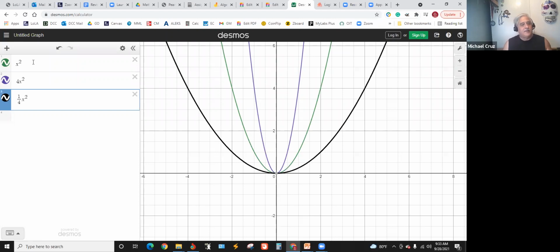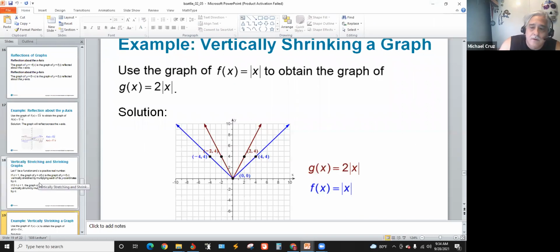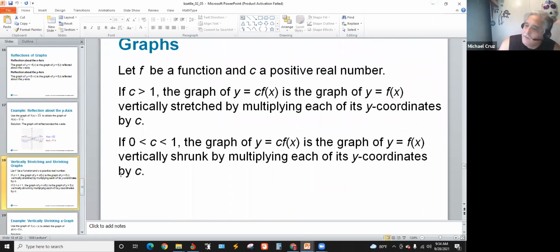So the closer this thing right here in front of the x gets to 0, it's going to make it really, really big. And then the higher the number in front, essentially, it shrinks it. So that's what this calls stretching and shrinking.